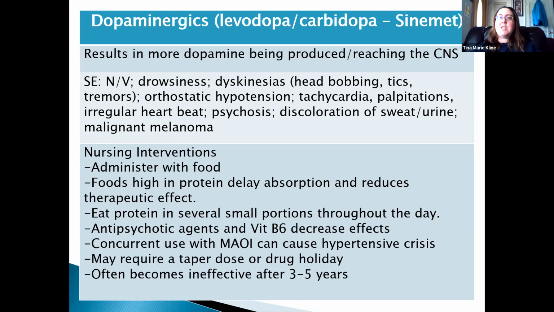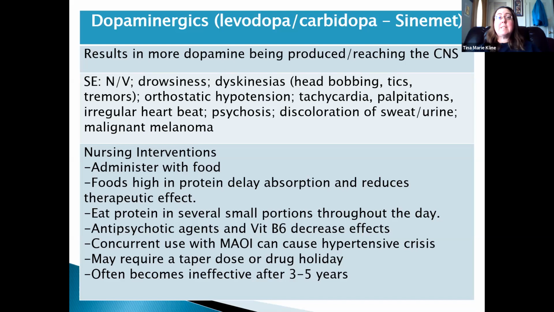Very likely this patient does not just have Parkinson's, they may also have hypertension, so they might be on other medications to treat blood pressure. Those things together with your Sinemet can cause an increase in orthostatic hypotension. And we already know, based on their posture and their gait, they're already at high risk for falls. So that's a real concern.